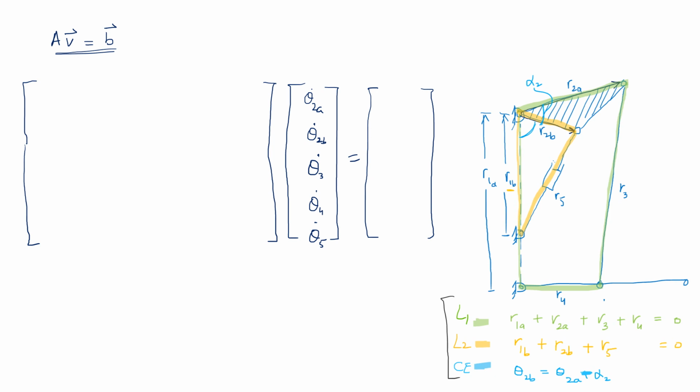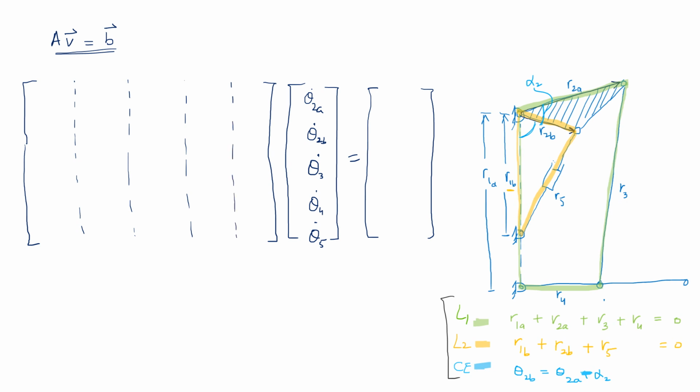So we can observe these 5 equations and write down those coefficients over here. The coefficient corresponding to theta 2a dot is going to be written over here. Let me subdivide this whole scenario into 5 columns: 1, 2, 3, 4, and 5.